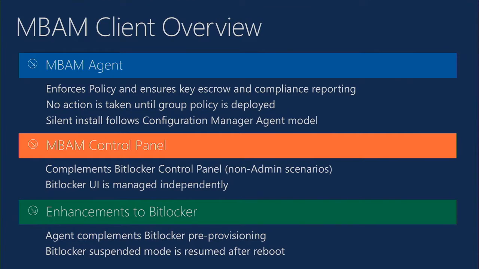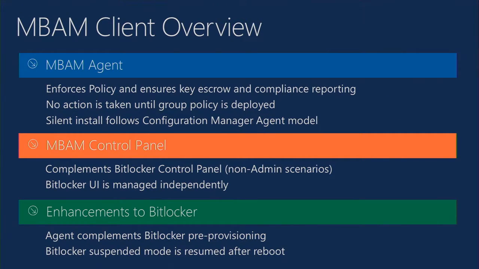The install for the agent follows the same model as the CM install. So unless you use a special command line option, the end users won't really know that MBAM is running. We don't have a system tray icon. We don't have anything. The only time that end users will see MBAM is when we prompt you to a policy, either encrypting a drive or a policy change.